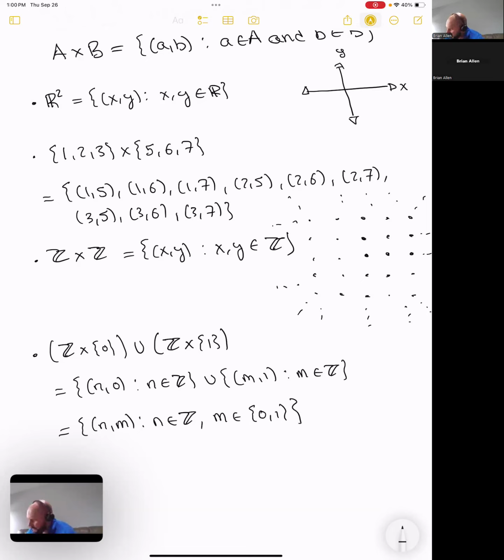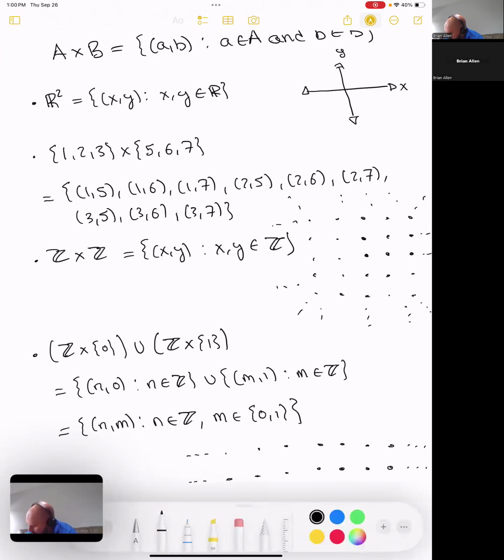And I can also visualize that one because it's just like (0, 0), and so on. It's like one copy of the integers and then another one on top of it. So if you want, this guy is (0, 0) and this guy is (0, 1).